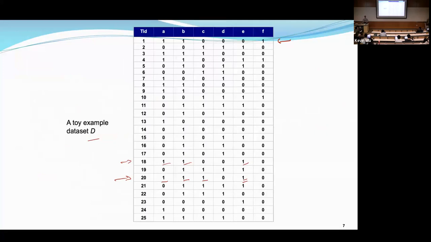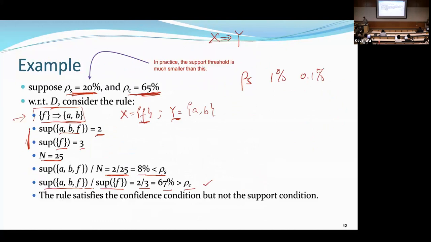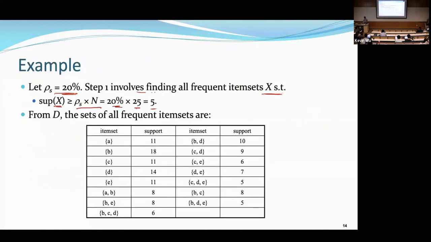If you go through this toy example data set D, and exhaustively enumerate all possible item sets and count the supports, you will find that this table shows all of the frequent item sets that you can find from the data set D. These are the only frequent item sets that you'll be able to discover. For example, you have A, B, C, D, E being frequent, A, B being frequent, and so on.